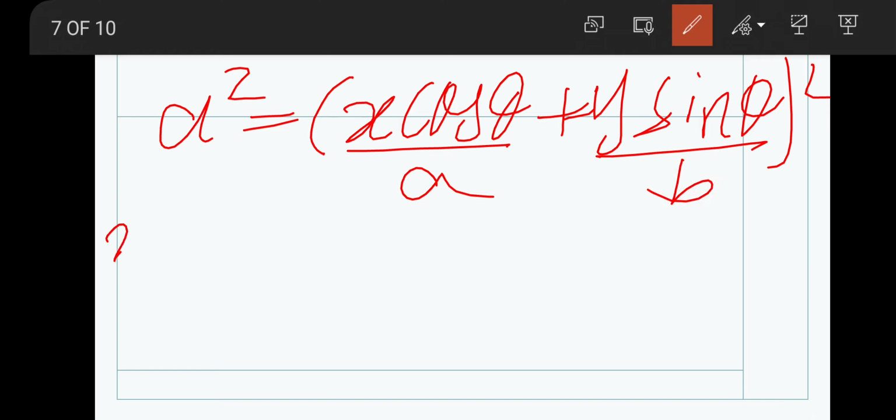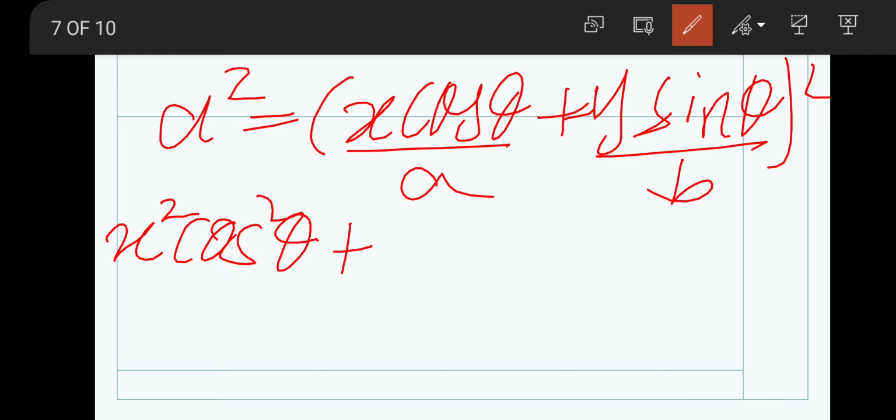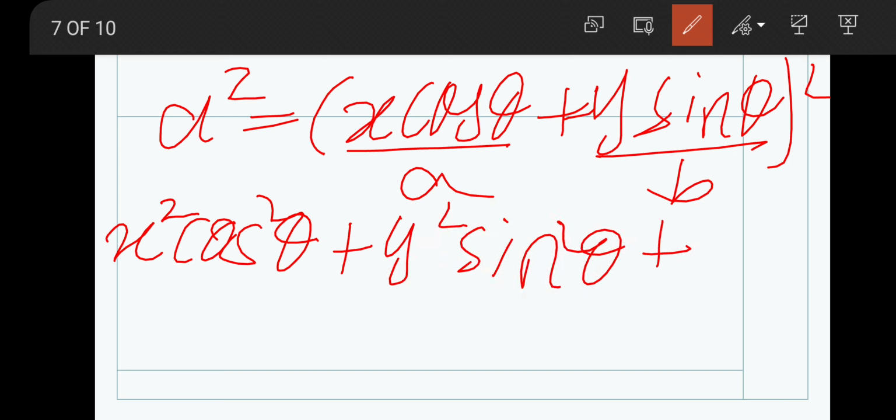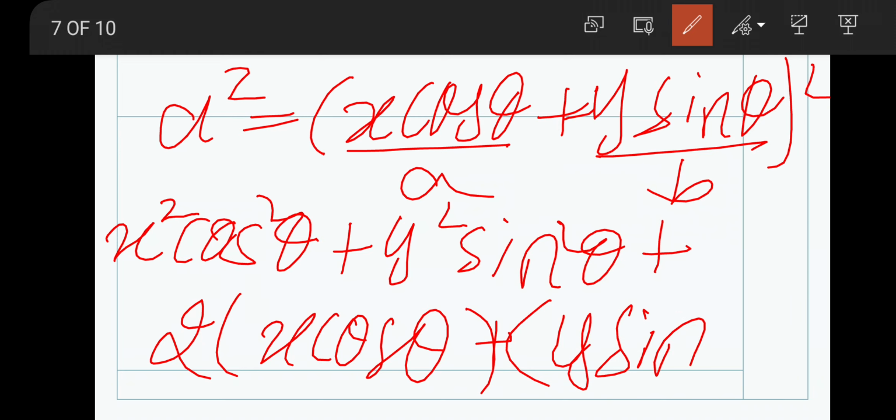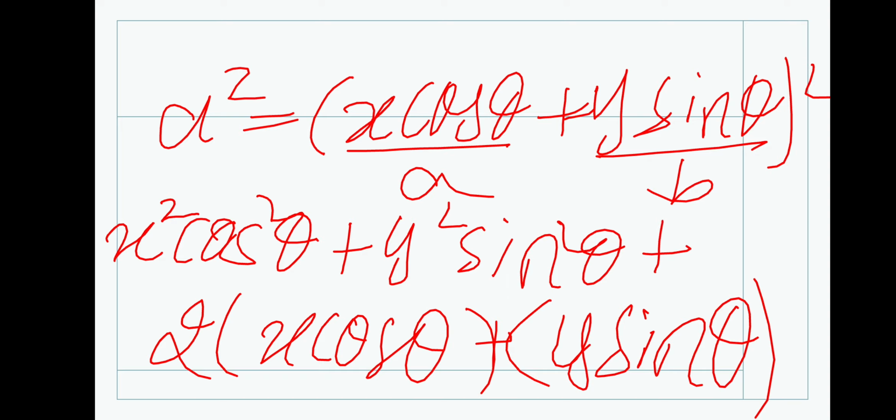So a square means x square cos square theta plus y square sin square theta plus 2 into x cos theta into y sin theta. Here it is multiplication, and you have not used squares. So this is about a square.